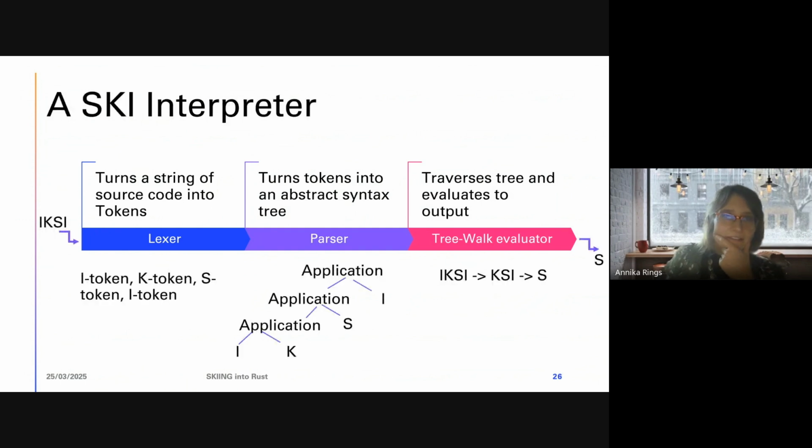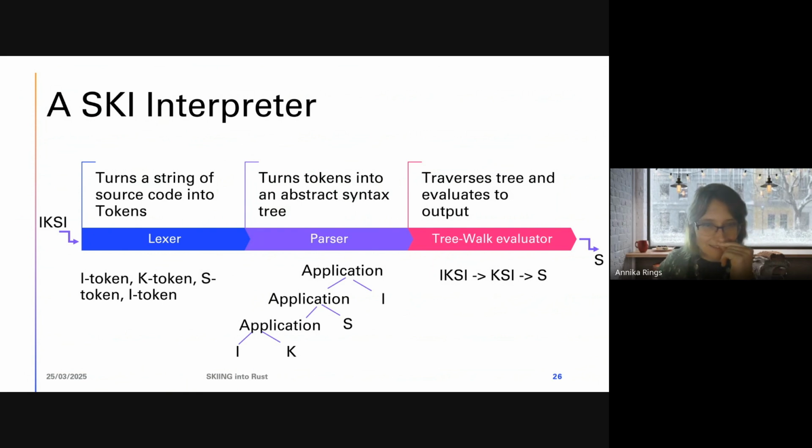So specifically for the SKI system, an interpreter would take in a string or some sequence of S's, K's, and I's, and then tokenize them somehow. That's not terribly important here. Then you want to parse it into an abstract syntax tree that looks a little bit like what I've tried to draw here. There are also probably different possibilities.